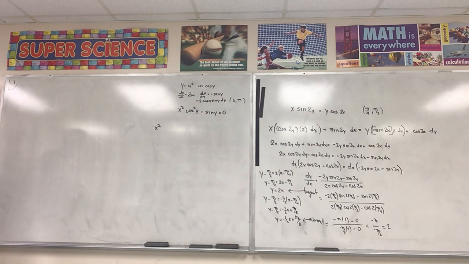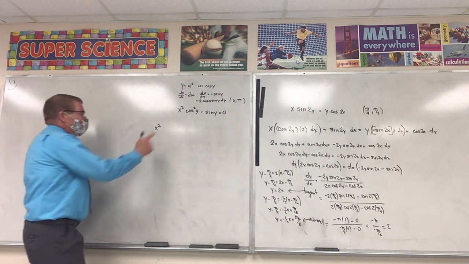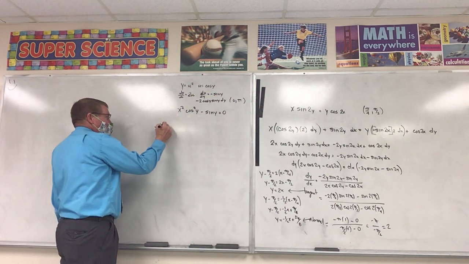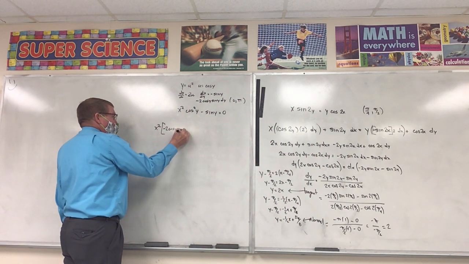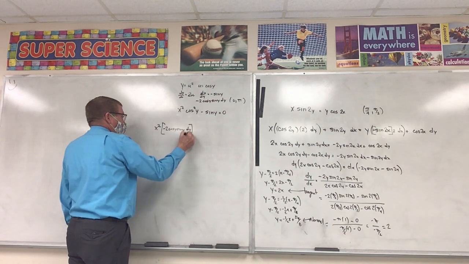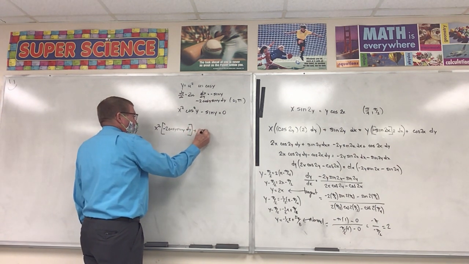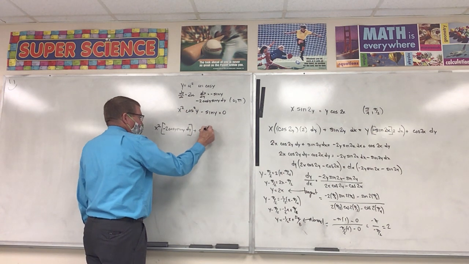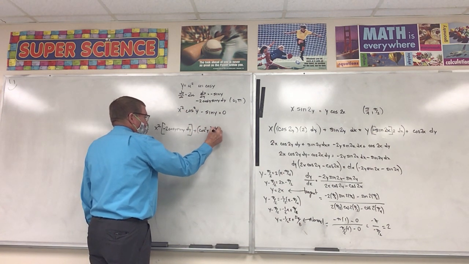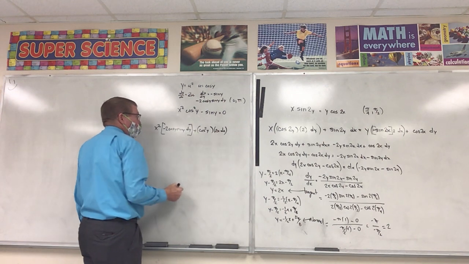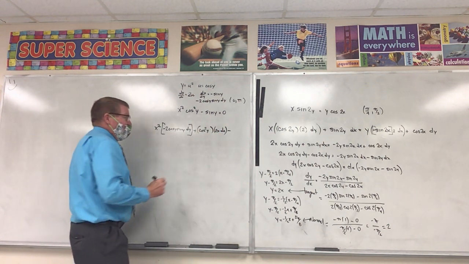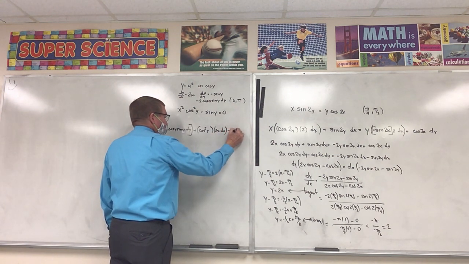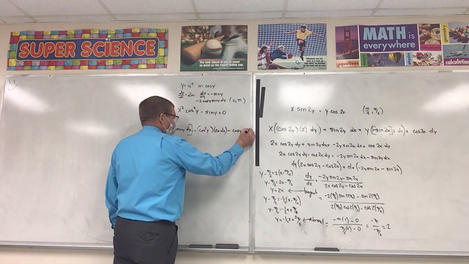Oh, wait, no, I forgot to plug in the u. So first times the derivative of the second, which would be negative 2 cosine y sine y dy, plus the second, cosine squared y, times the derivative of the first, which is 2x dx, minus the derivative of sine y, which is cosine y dy, equals 0.